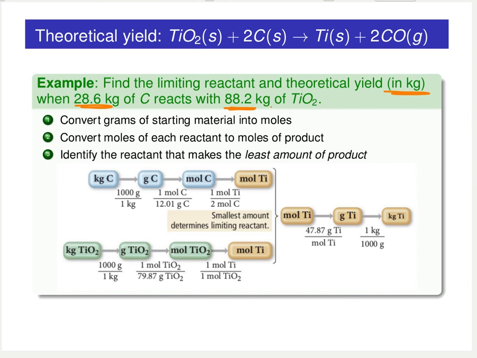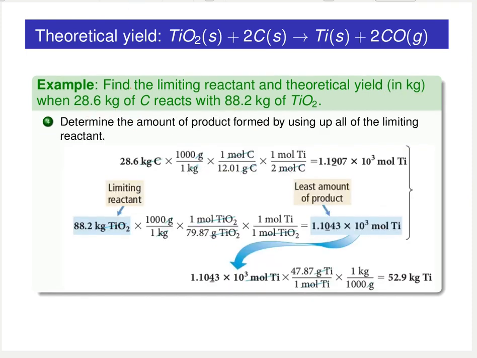So proceeding just as before, we've got to convert our initial masses into moles, but we're not given grams right off the bat, so we actually have to carry out a kilograms to grams conversion, then divide by our molar mass to get moles, then carry out that mole-to-mole conversion, take the smallest and plug it in.